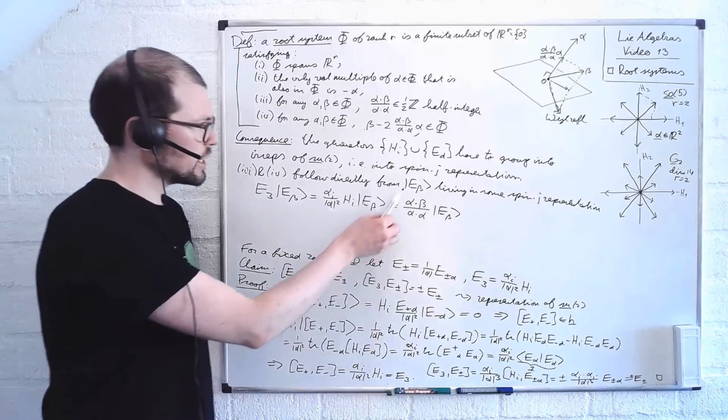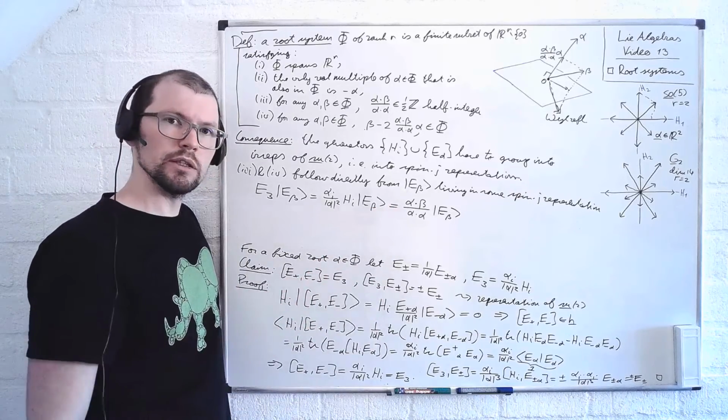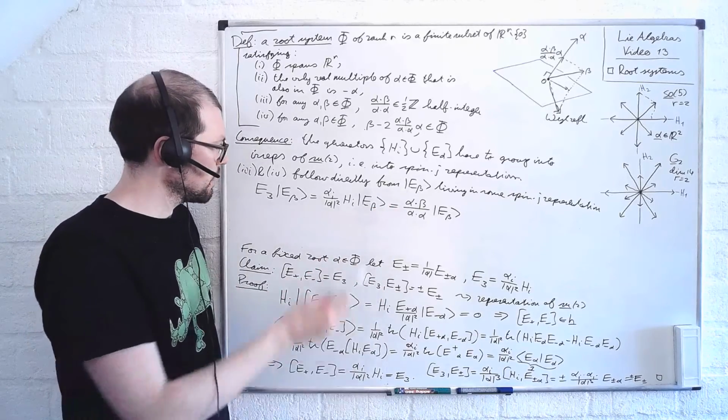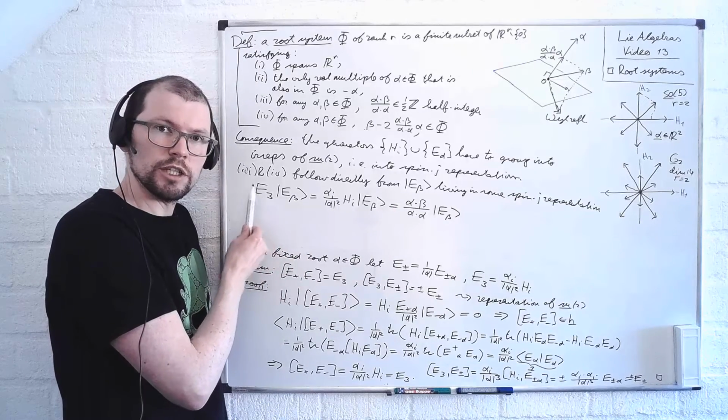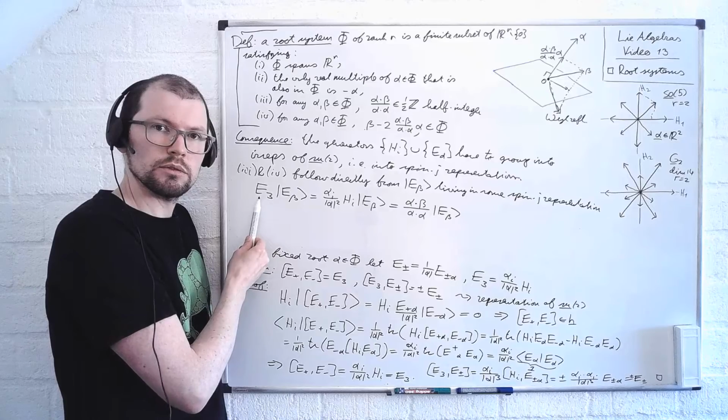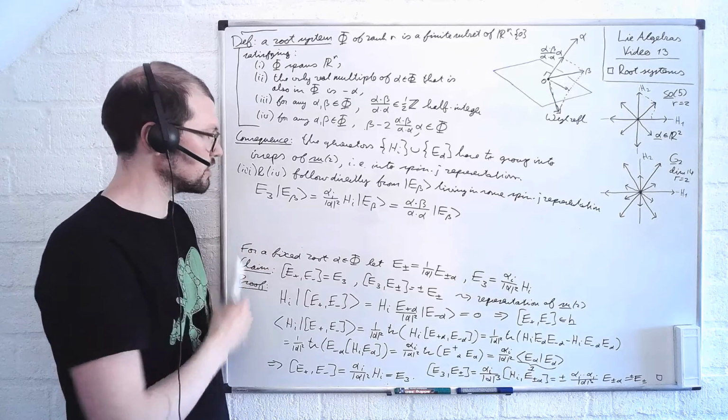So we found a vector in our vector space that is an eigenvector of the E3 generator of SU(2).